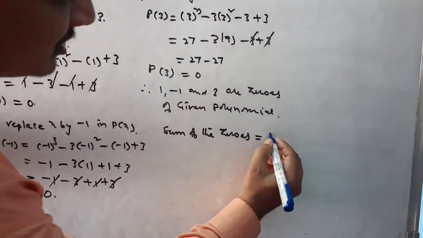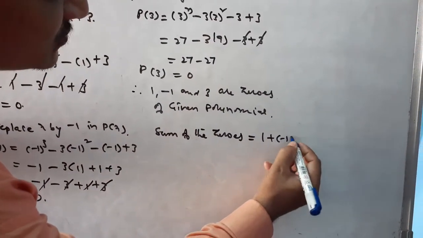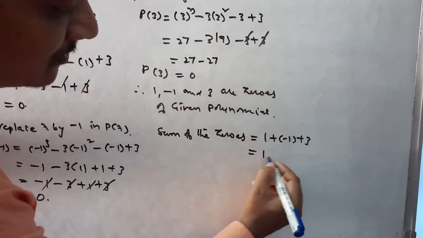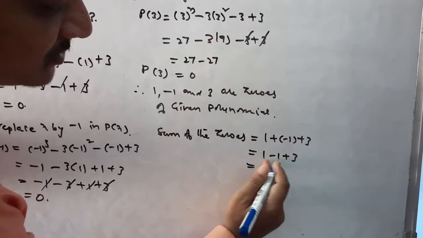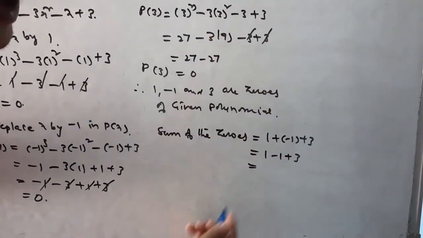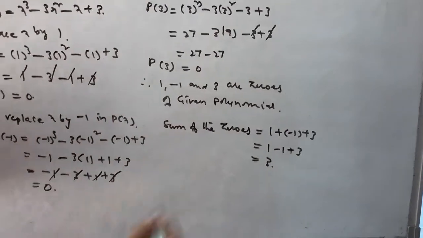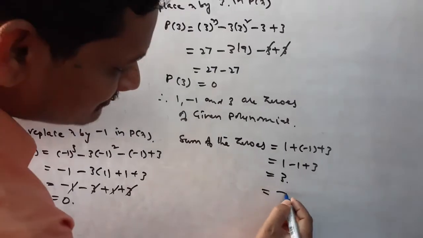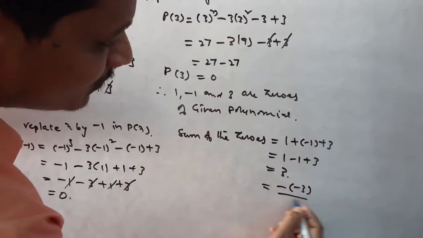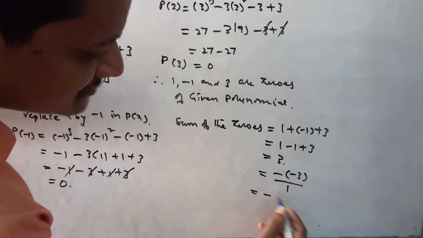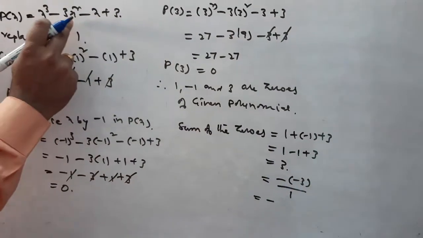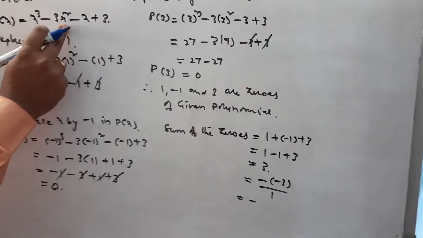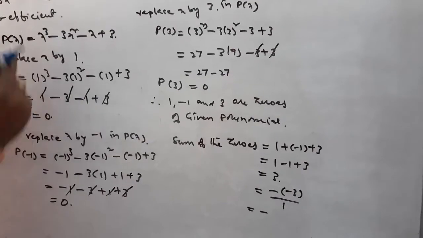Sum of the zeros means the zeros are 1, minus 1, 3. So here it is 1 plus minus 1 plus 3, that is equal to 1 minus 1 plus 3, that is 1 plus 3, 4, 4 minus 1, it is 3. We can write it as minus of minus 3 by 1. Minus 3 is the coefficient of x square, and 1 is the coefficient of x cube.